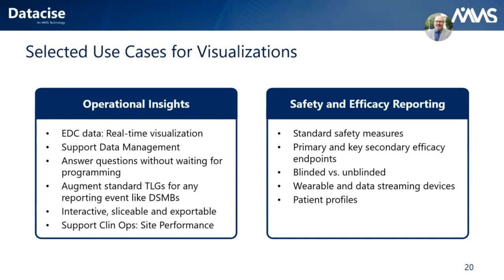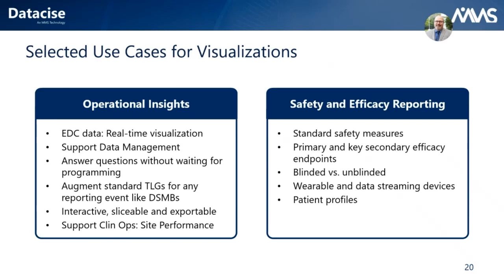You can also augment standard tables, listings, and graphs for reporting events like DSMBs. So these monitoring committees want to look at the data every quarter, and you give standard tables, listings, and graphs to them. Those are static, right? Validated.